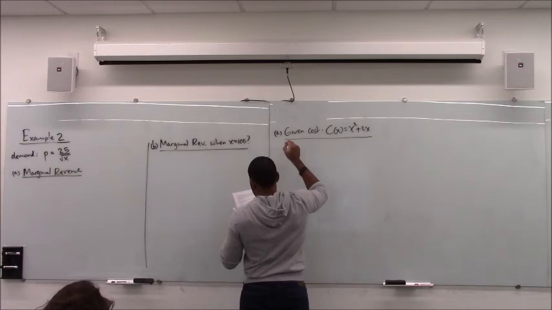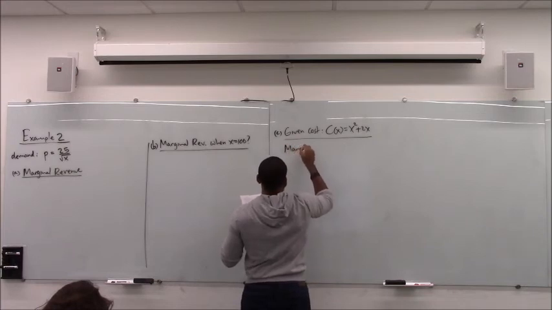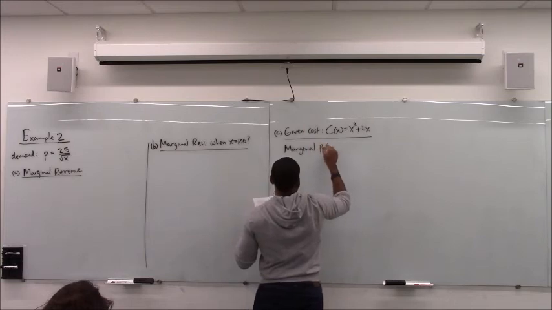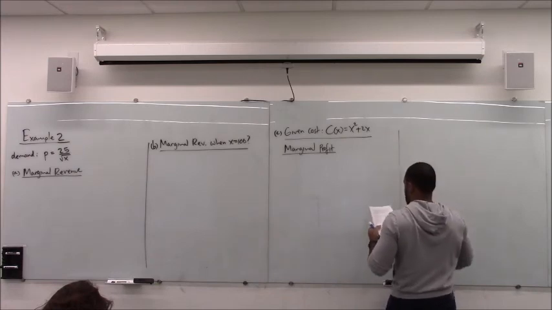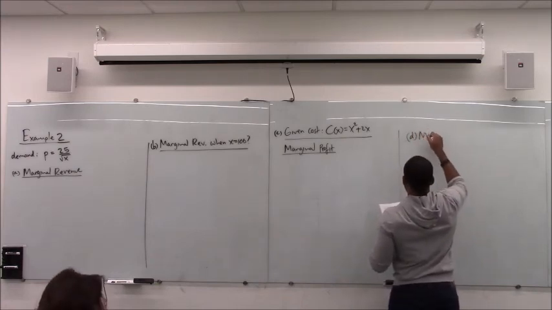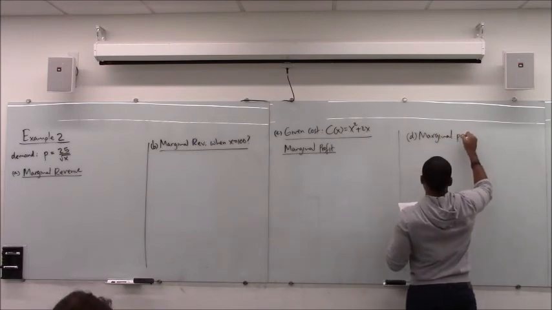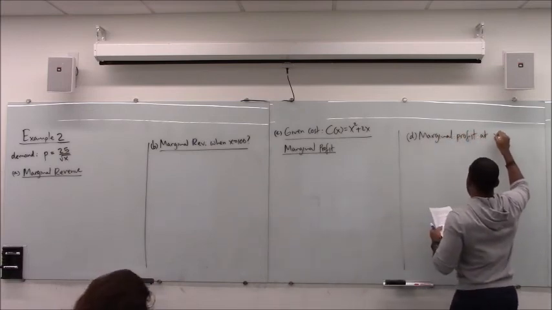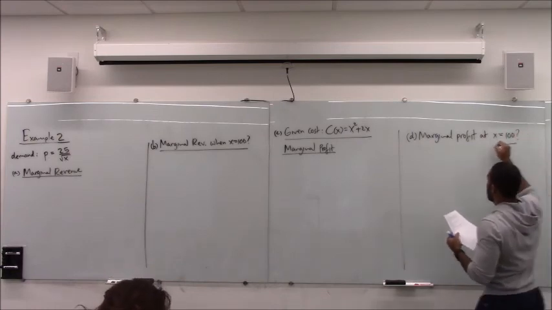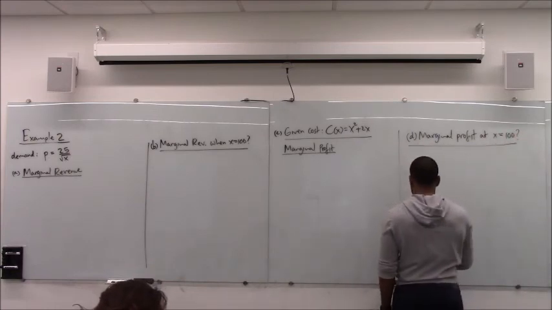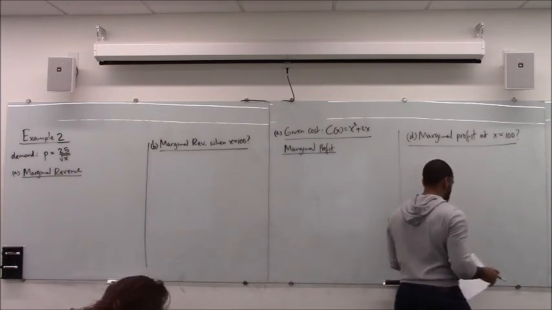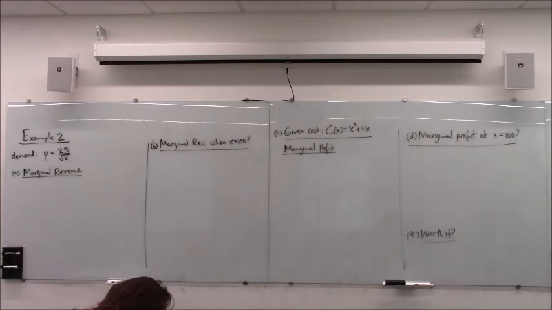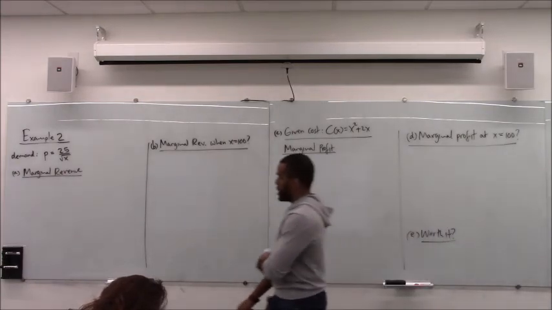And we want to find marginal profit. Then I want to find the marginal profit when we're at 100 items. Then finally, we want to answer the question, is it worth it? Is it worth it at the 100 items? Should we produce more? Should we produce less? We're going to make an interpretation of the facts.